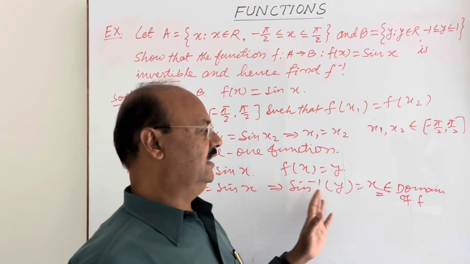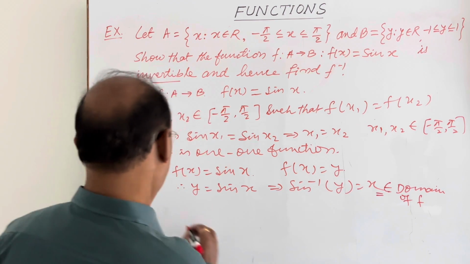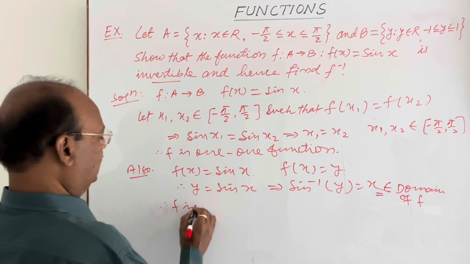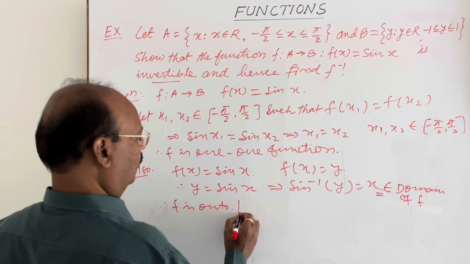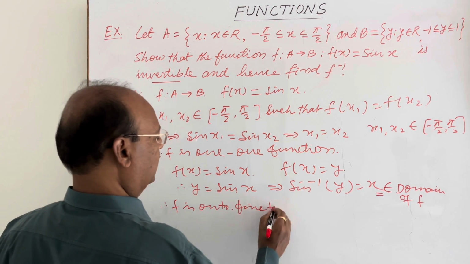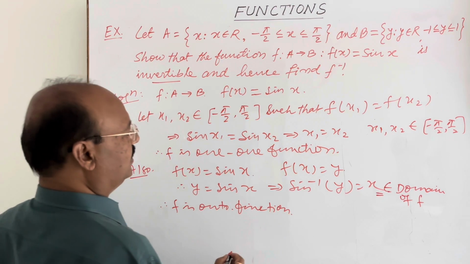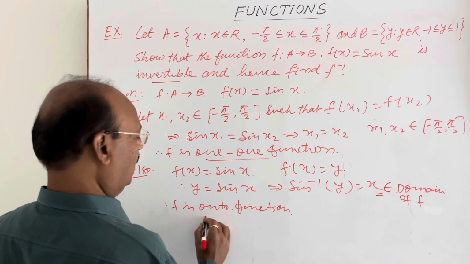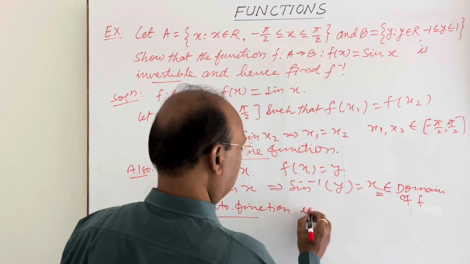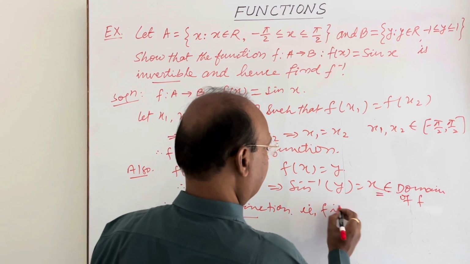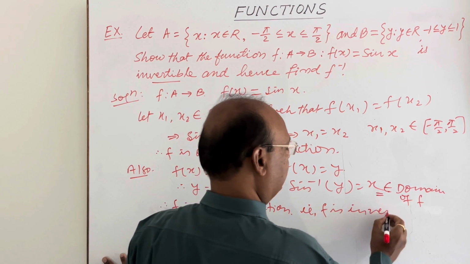So this function is onto function. Therefore f is onto function. And as this function is one-one and onto, f is invertible.